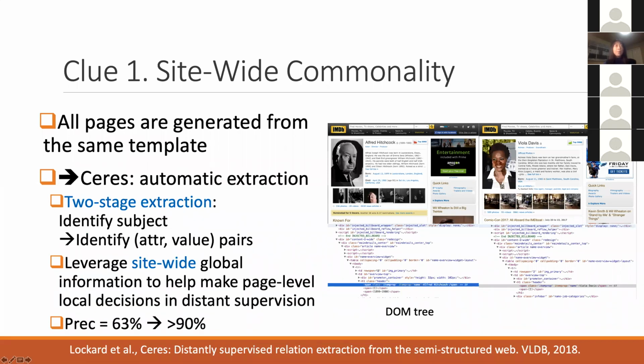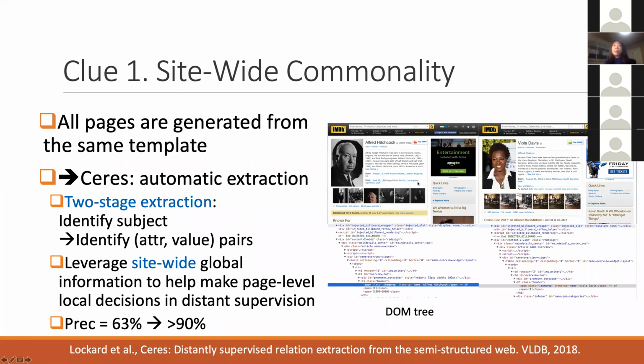So we built this system called Ceres, which is also doing automatic extraction. It is different from the previous techniques in two parts. The first one is we do two-stage extraction. Instead of looking at every pair of entities on a page, we will first find out what the topic of each page is.